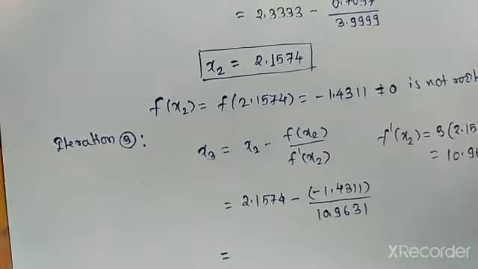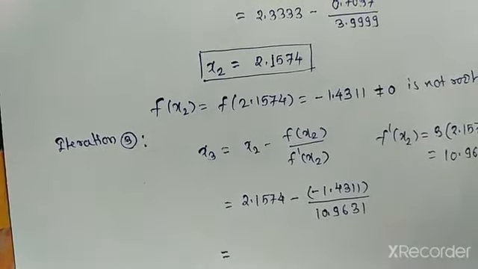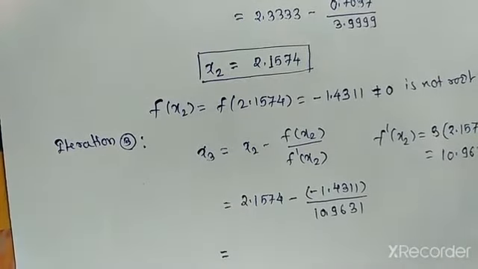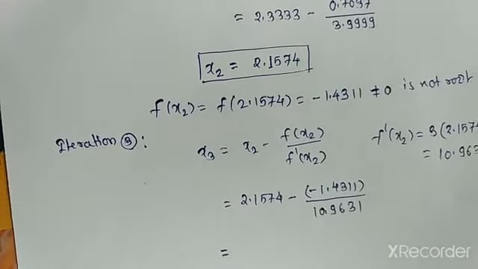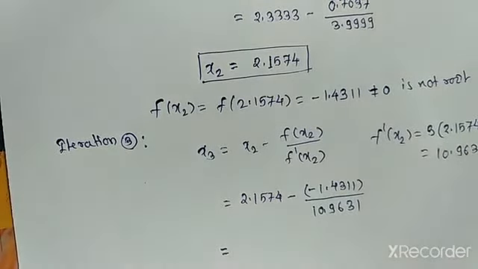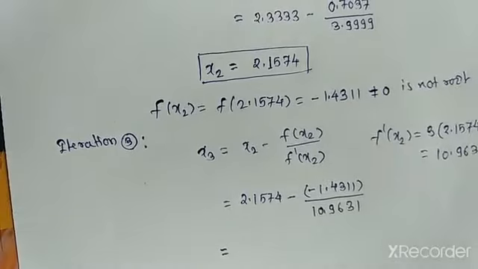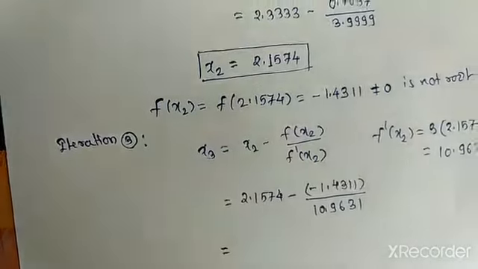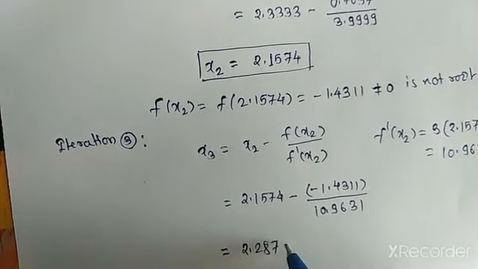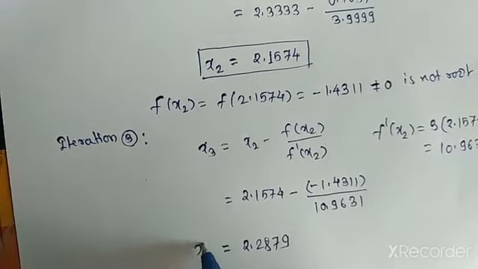So it will be 2.1574 minus of, minus minus will be plus, 1.4311 over 10.9631. So the total answer is 2.2879, which is our x3.